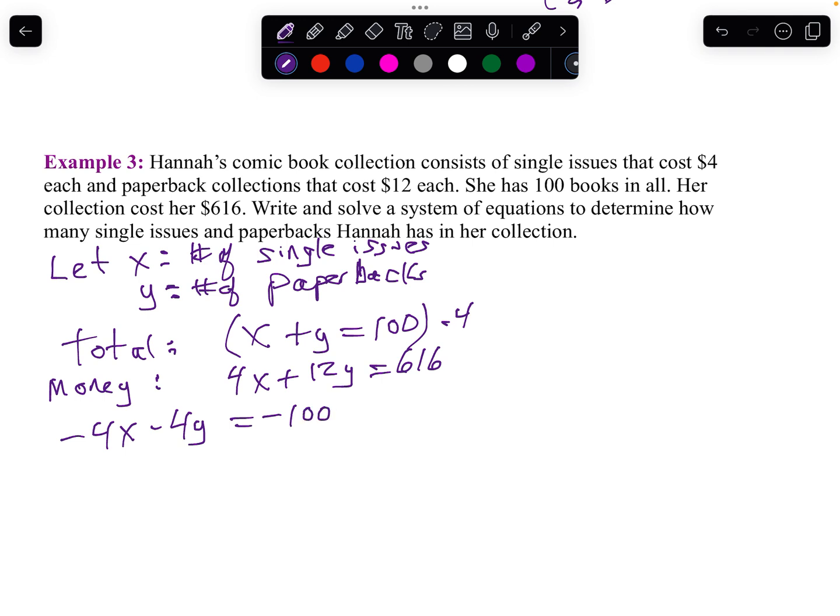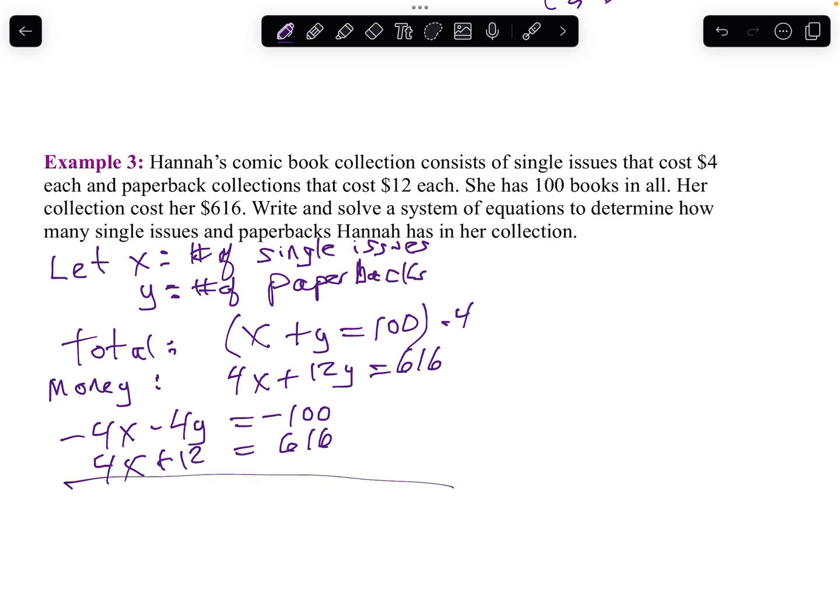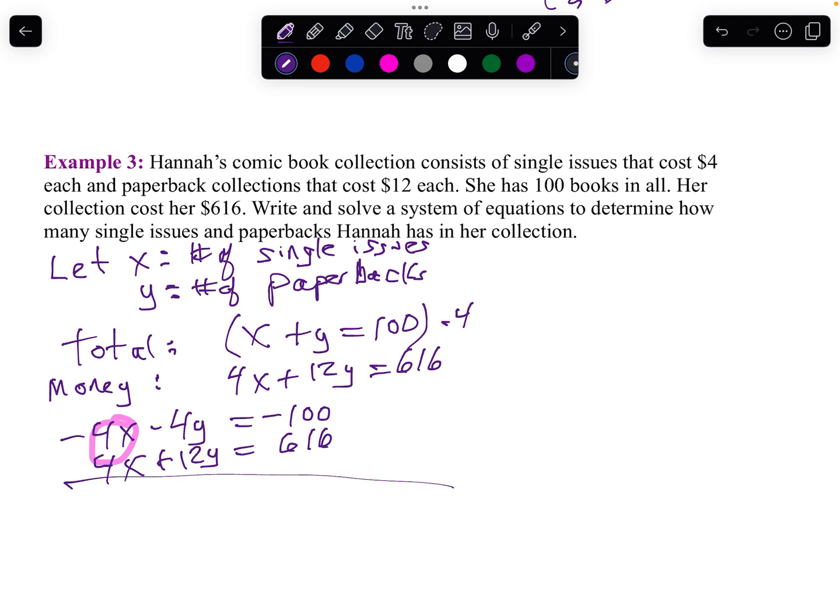I don't have to multiply my second equation by anything because now they're going to cancel, so I'll just copy that down. Now, we'll add them up. And notice, once again, my x's, they cancel. Negative 4y plus 12y equals 8y. 8y equals 516.